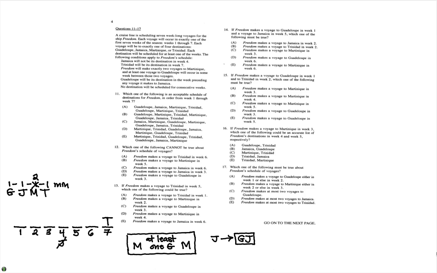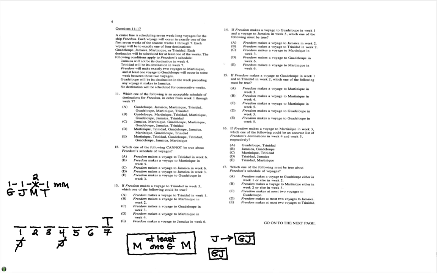We know that. Each of the destinations will be scheduled for at least one of the weeks. So since we have Jamaica, we know that for sure we have Guadeloupe coming before it, which tells us that Jamaica cannot come first. Because if Jamaica came first, there's no week preceding it. How could you have Guadeloupe in the week preceding?